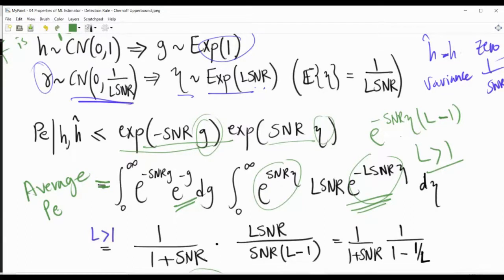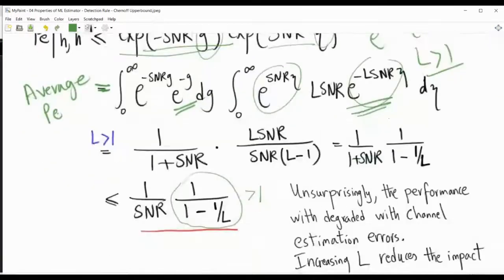Then we have basically a decaying exponential, and this is its integral here. Okay, and our upper bound is this quantity. You get from the first term 1 plus SNR again. If SNR is very high, we can just use 1 over SNR, and this is our result.